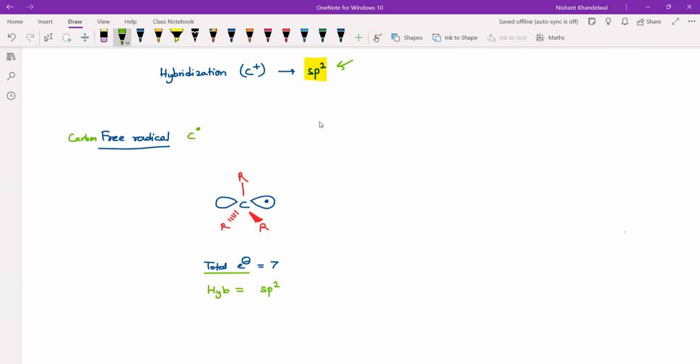The geometry, or shape, is trigonal planar, and this compound is paramagnetic.